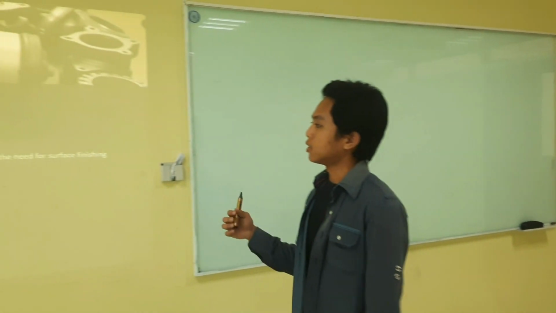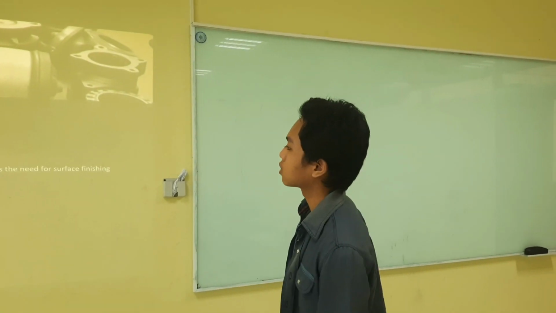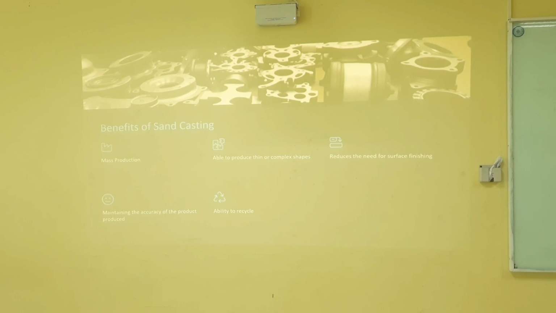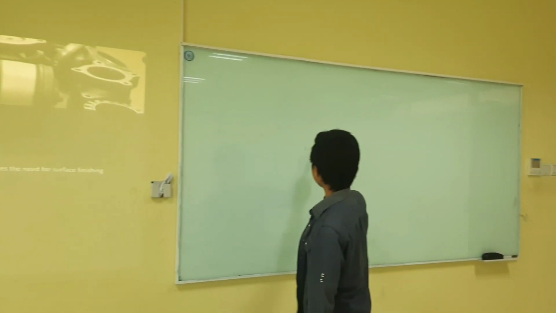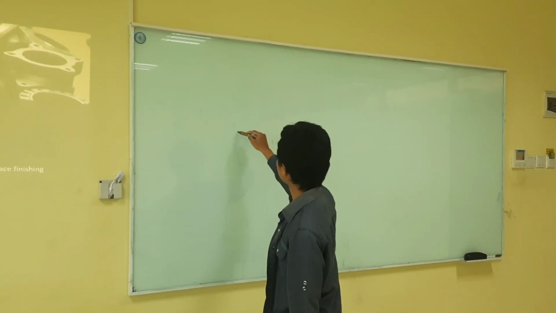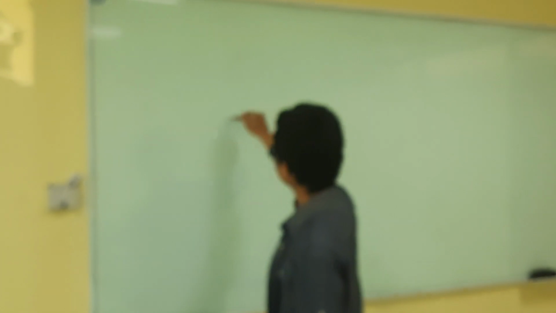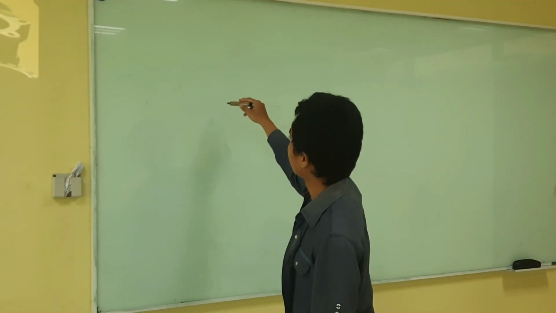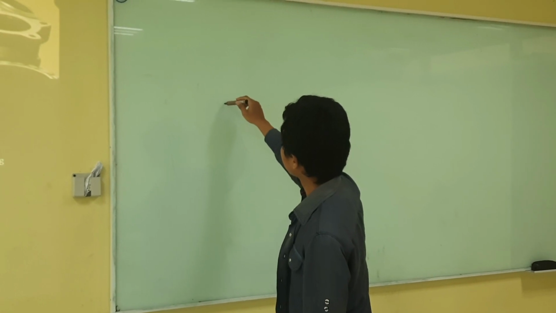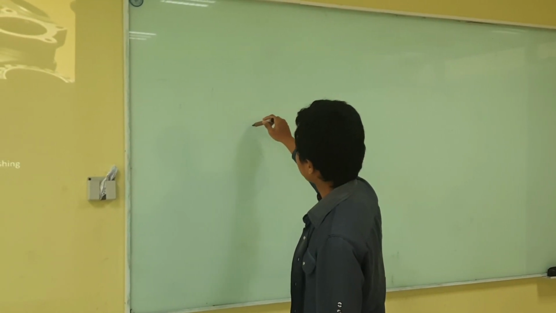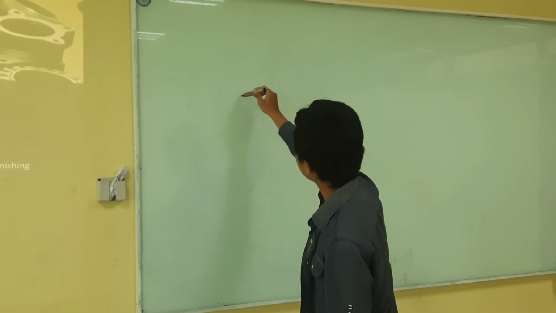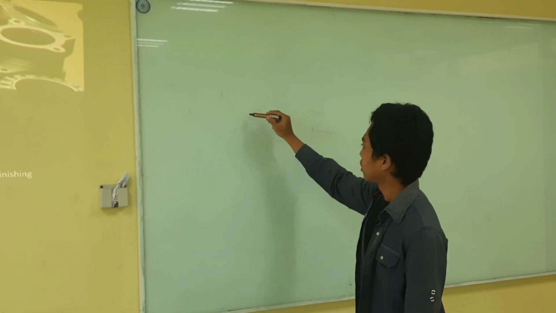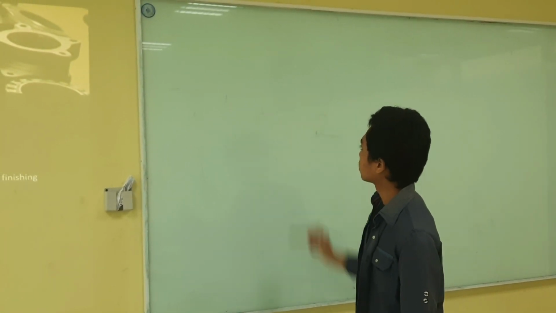Second, it is able to produce thin or complex shapes. With this technique, when we put the product into the mold, it will make complex shapes like this.